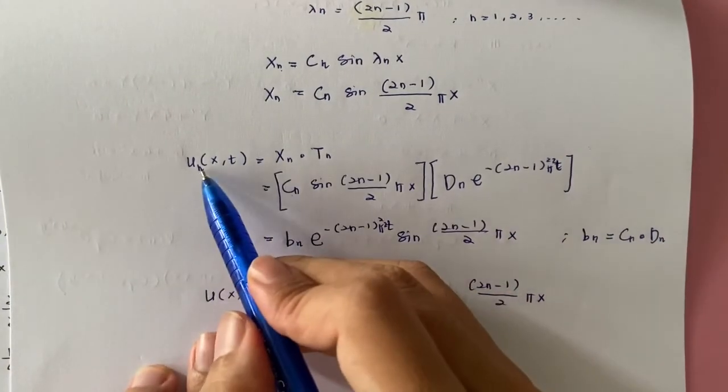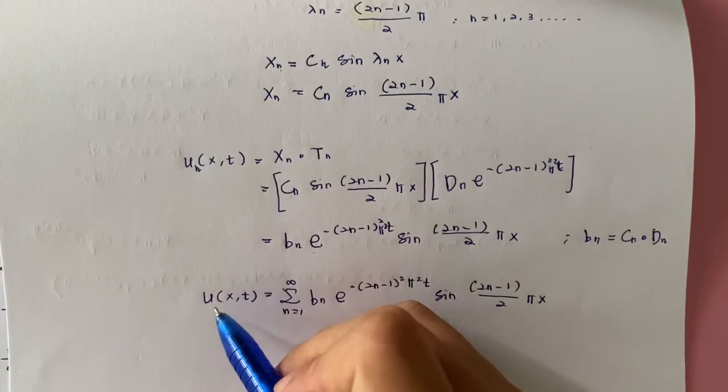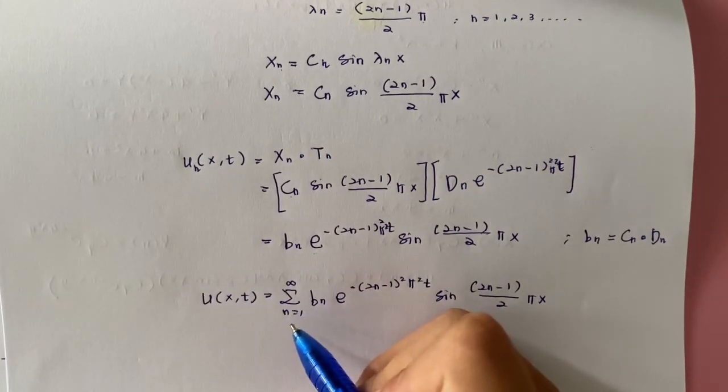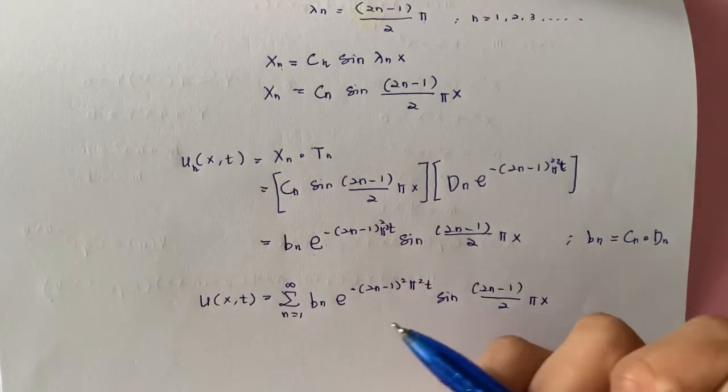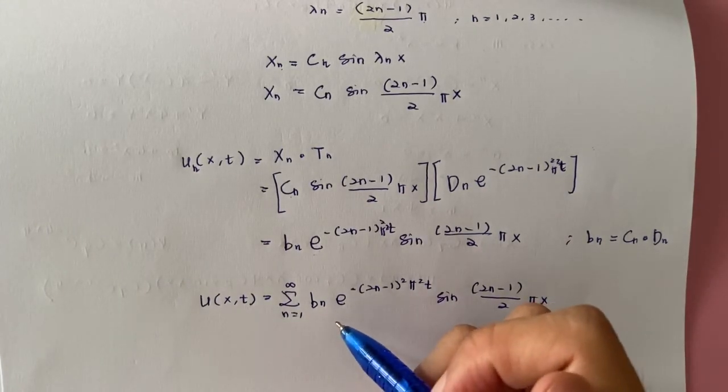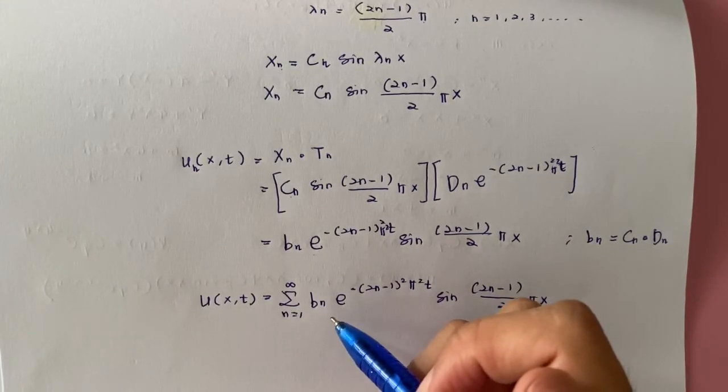From un we have u, but we write the summation here. So now you see this looks more like a Fourier series.